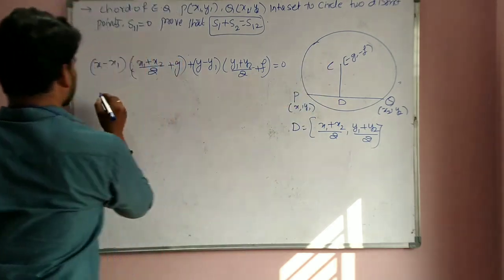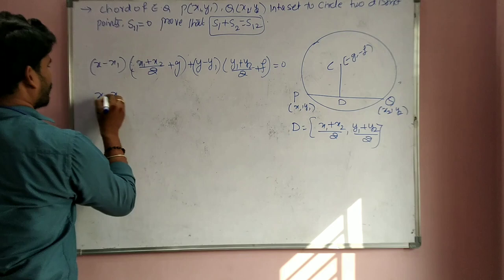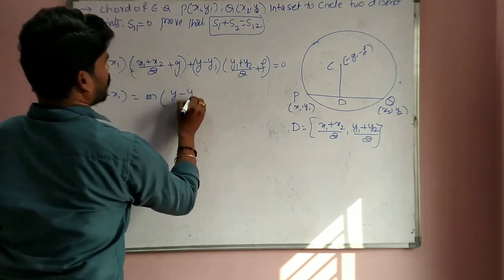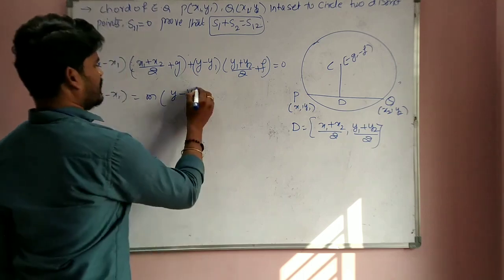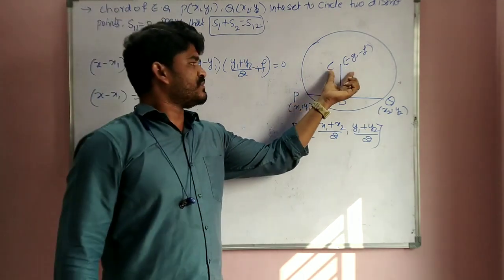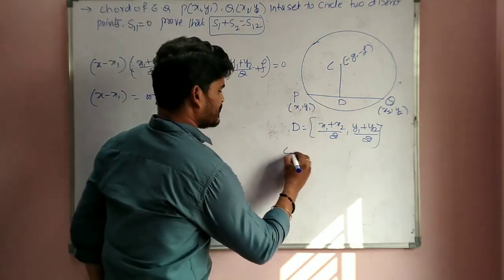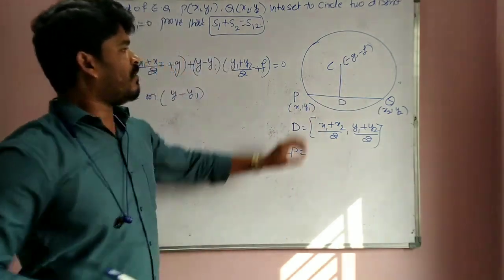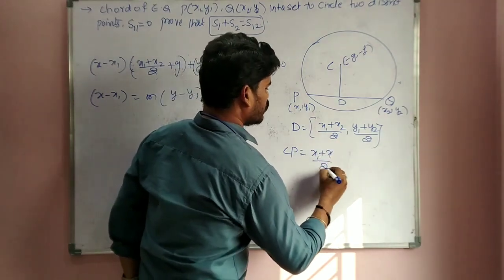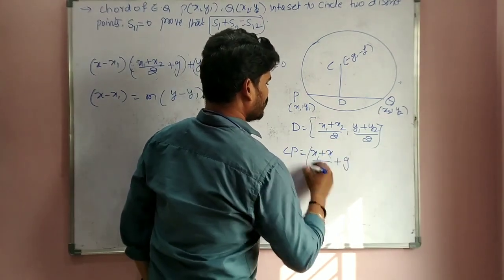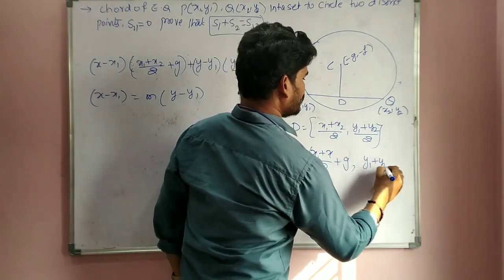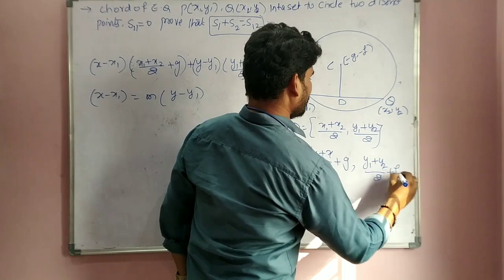How do we get this equation? It is x - x1 = m(y - y1). Here, what is m? m is the slope of CD. What is the CD slope? It is the value ((x1 + x2)/2 + g) divided by ((y1 + y2)/2 + f).